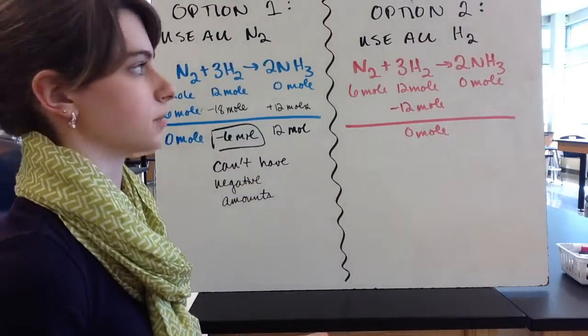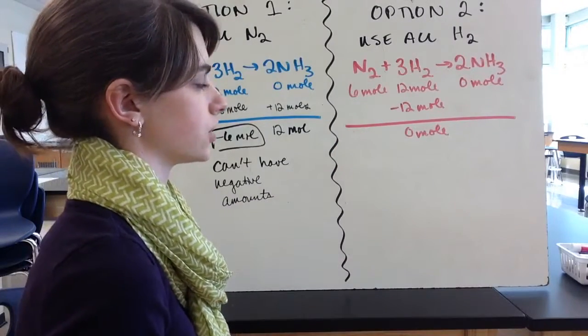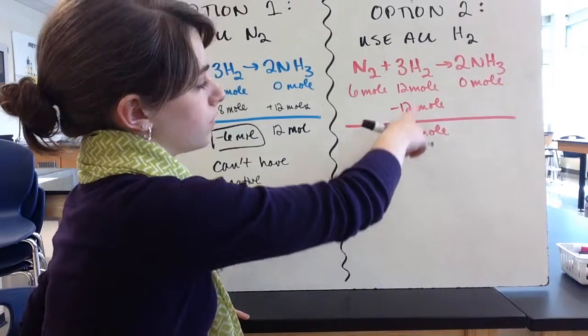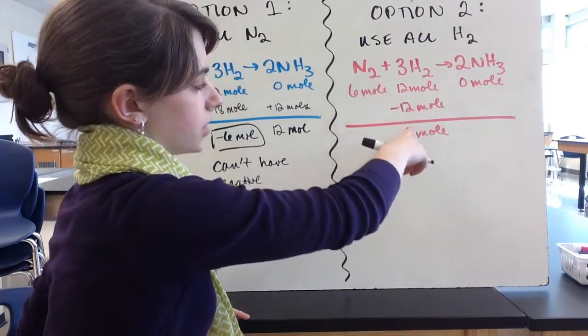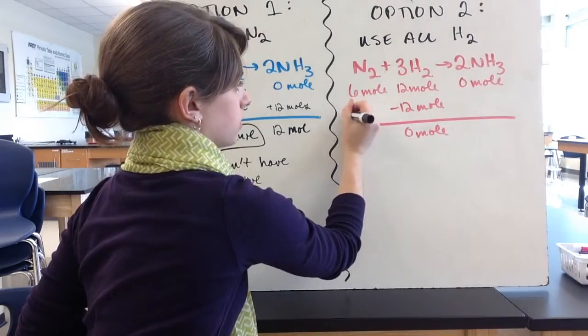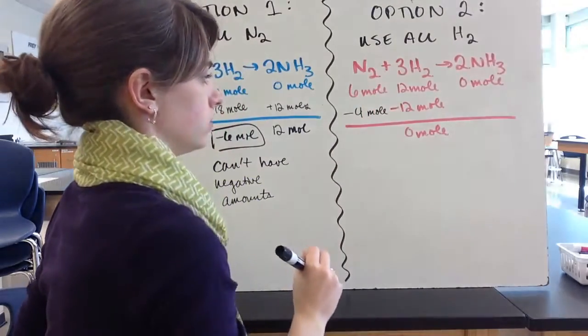So let's examine option 2. Here we used up all of our H2, our hydrogen gas. So we're left with 0 here. We know that we use 1/3 the amount of hydrogen for our nitrogen. 1/3 of hydrogen is 4. So we'd use 4 moles of N2.